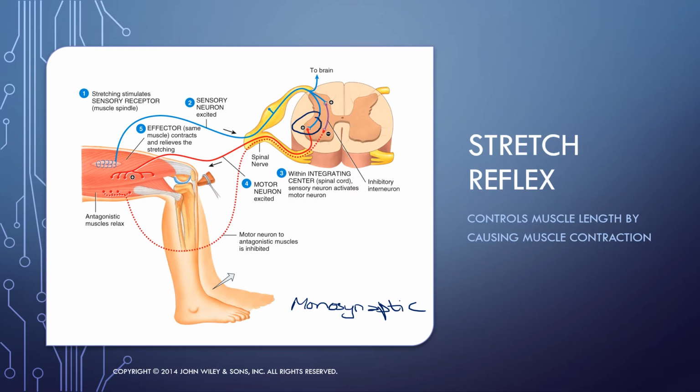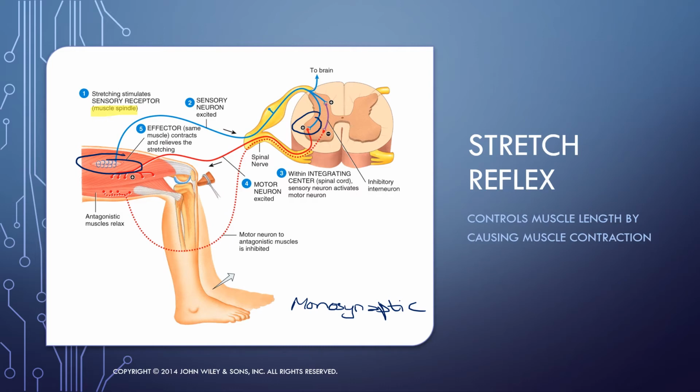So this integrating center here is attached to the contracting muscle. A slight stretching of the muscle stimulates these sensory receptors that are called muscle spindles. The muscle spindles are the sensory receptors detecting that stretch in the muscle, and these spindles directly monitor changes in the length of the muscle.